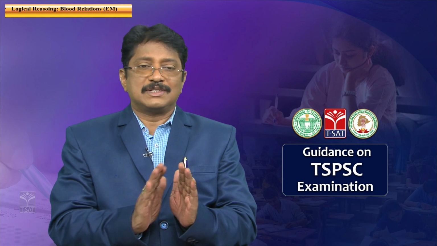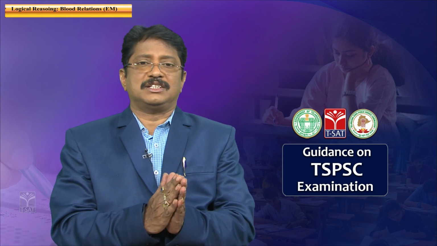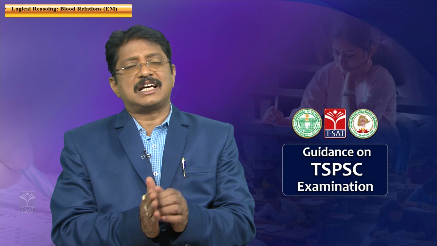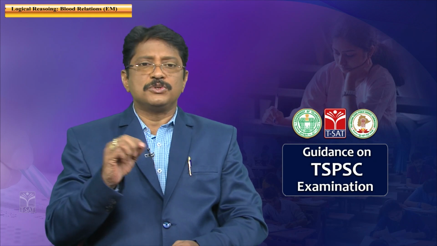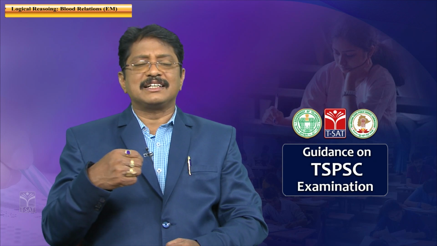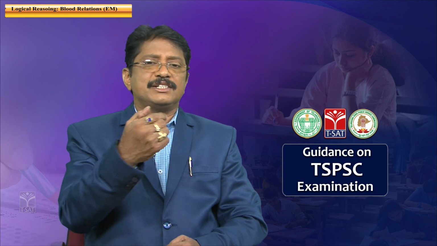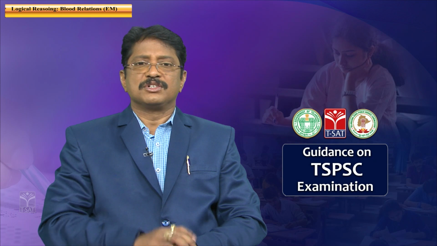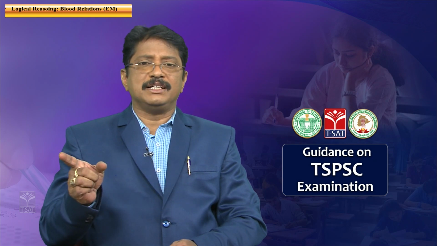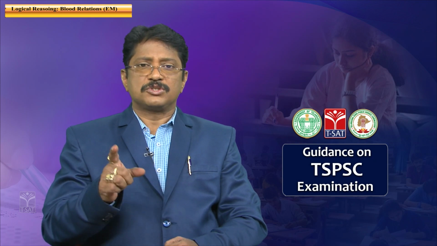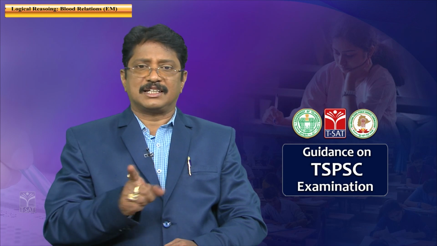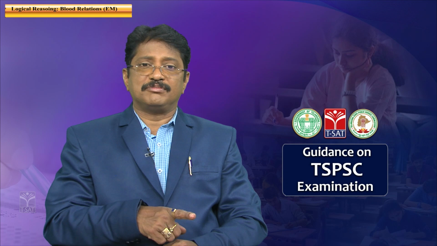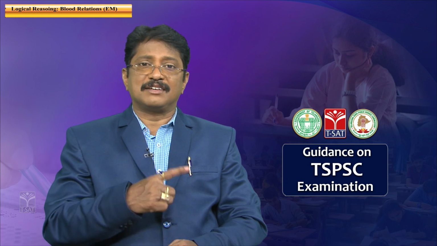Clear? So once again I am giving the clarity to you here. Don't get confused and just write the relations like a family tree. When you practice drawing a family tree, then it is easy to find the answer. So A married B, correct? A is the husband of B and B is the wife of A, correct? C is the brother of A, correct?